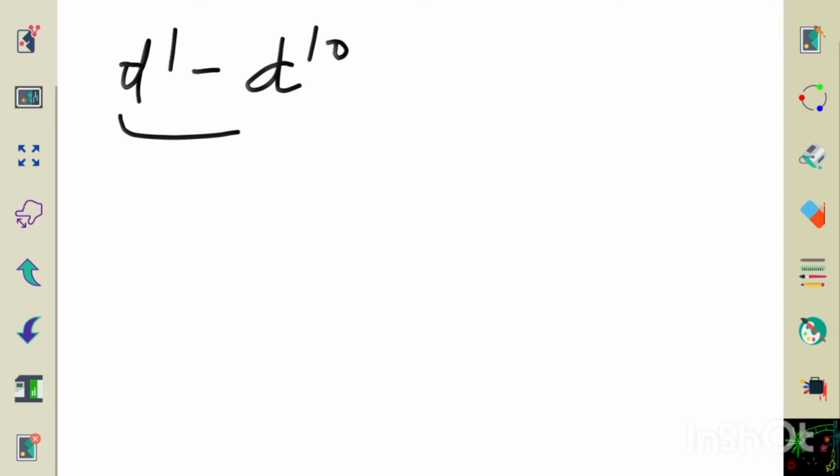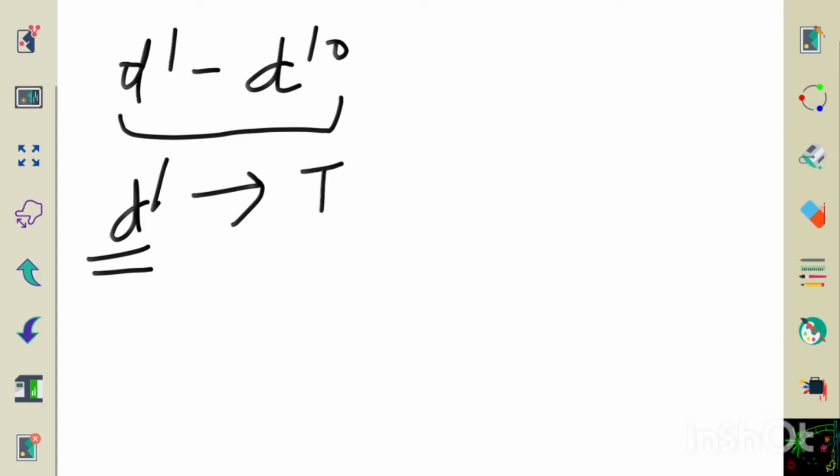Mostly for these given elements which belong to the d series, we have to find out how many electrons are present in the d orbital. For example, let us start from d1 only.